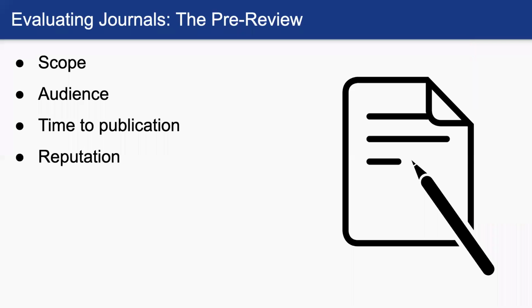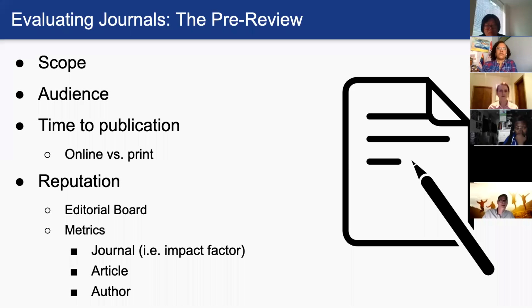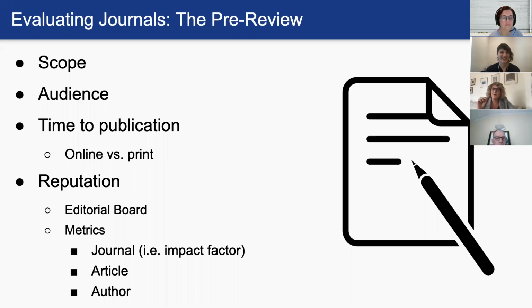The other thing Meg and I talked about the other day that's new, I think you want to hit the next slide actually, is you want to look at the lag to publication online versus print. So once your article is accepted, many journals within a week or two will have it online with its DOI.